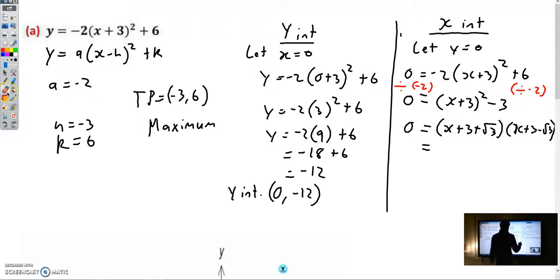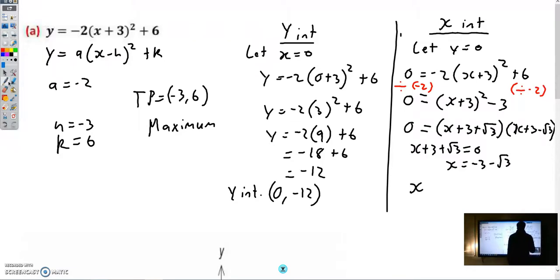From here, I can find my x-intercepts, either x plus 3 plus root 3 is equal to 0, in which case x is equal to minus 3 minus root 3, or x plus 3 minus root 3 is equal to 0, in which case x is equal to minus 3 plus root 3.